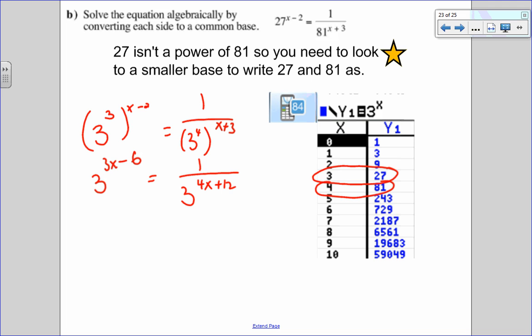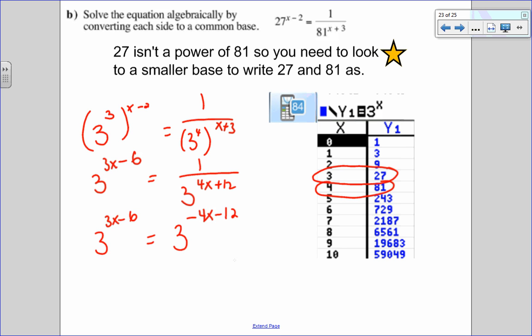Now I need the same base on both sides, and I don't have a base of 3 on both sides. This is 1 over 3 to the 4x plus 12. So I'm going to keep my base 3 here, and then to change from a 1 over to a base of 3, I just make my exponent the opposite sign by multiplying it by negative 1 using that negative exponent law. So to bring it up, the 4x becomes negative and the 12 also becomes negative.